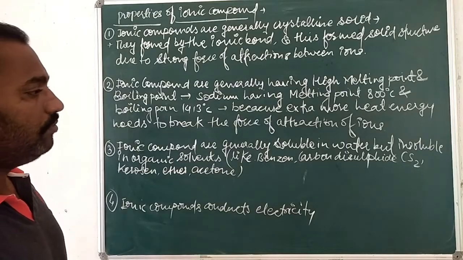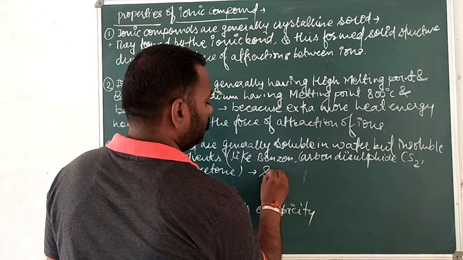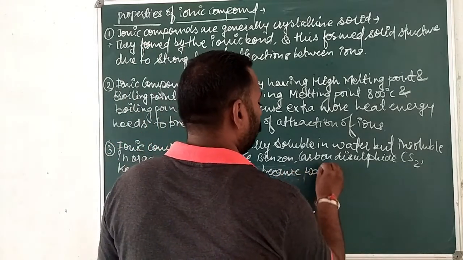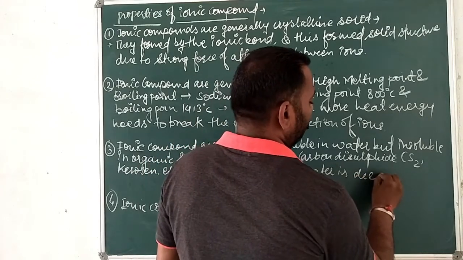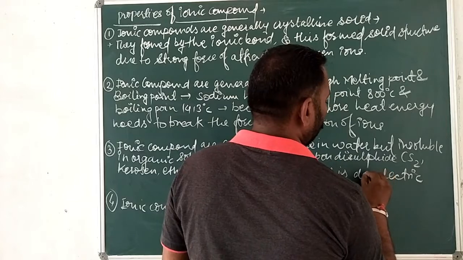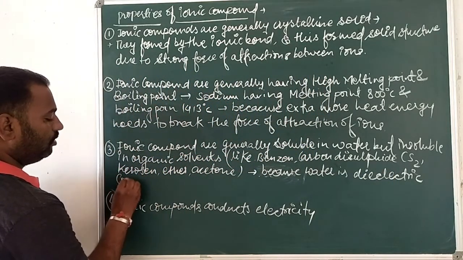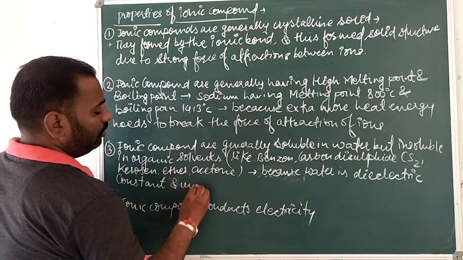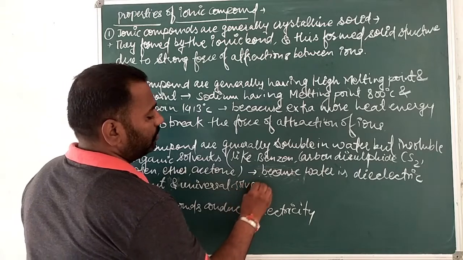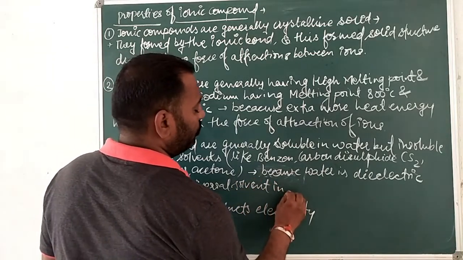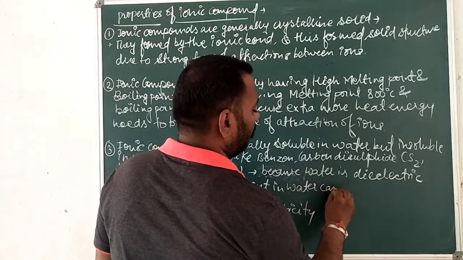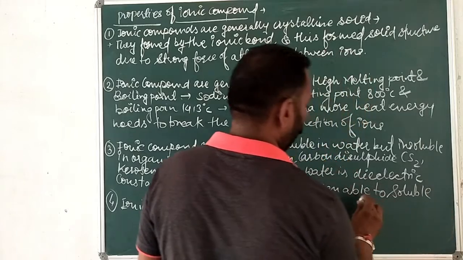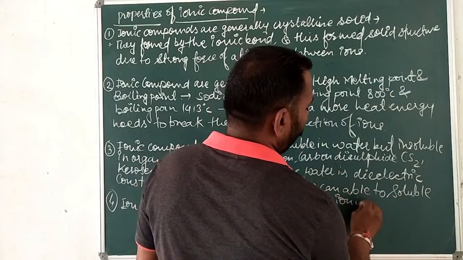Ionic compounds are generally soluble in water because water has a high dielectric constant and is a universal solvent, so water is able to dissolve the ionic compound.